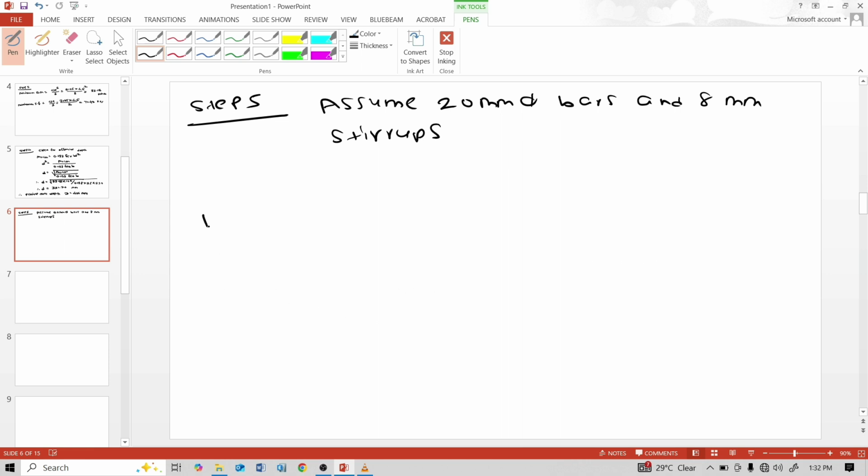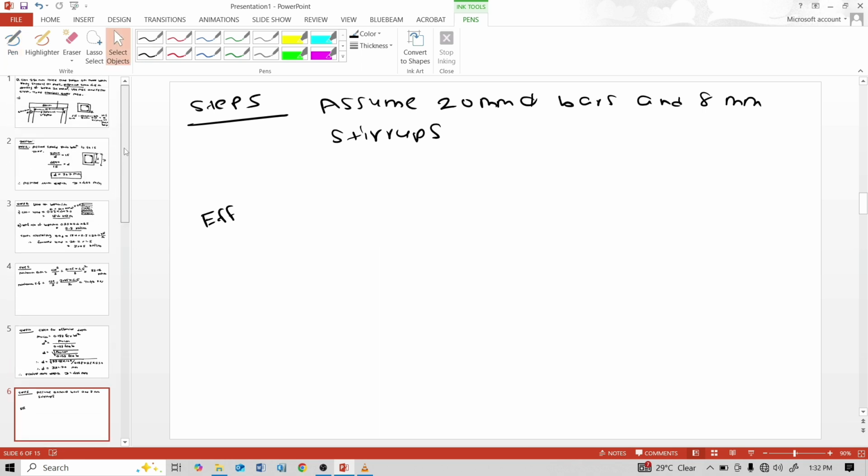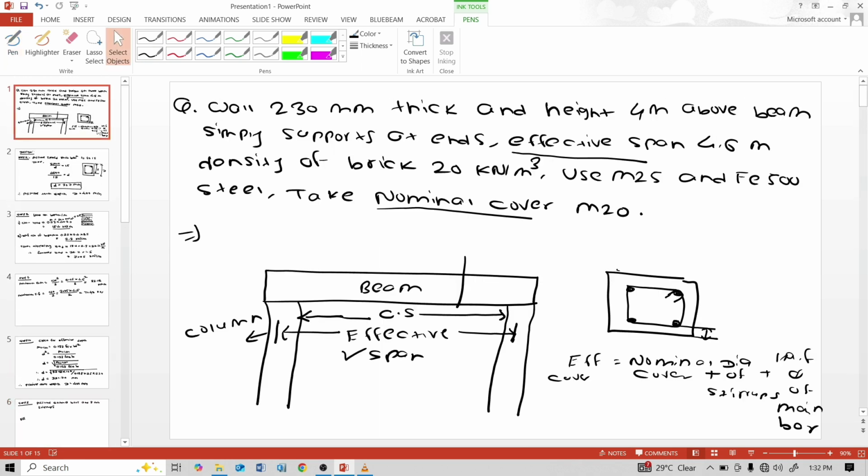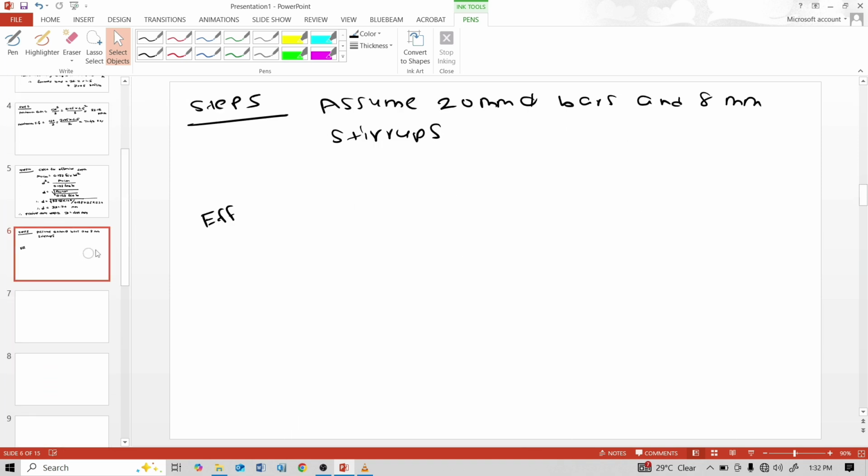Effective cover is, in numerical, they have given us nominal cover. So we calculate effective cover.